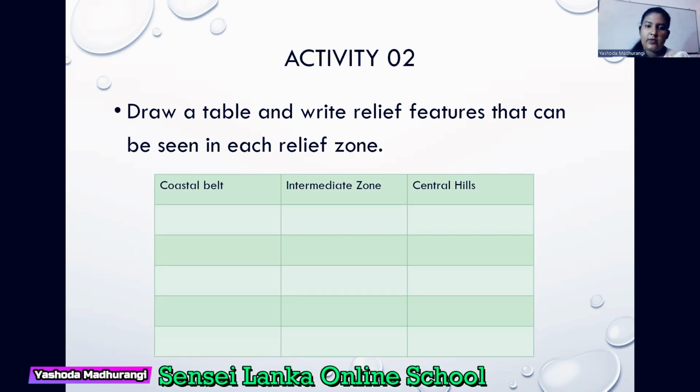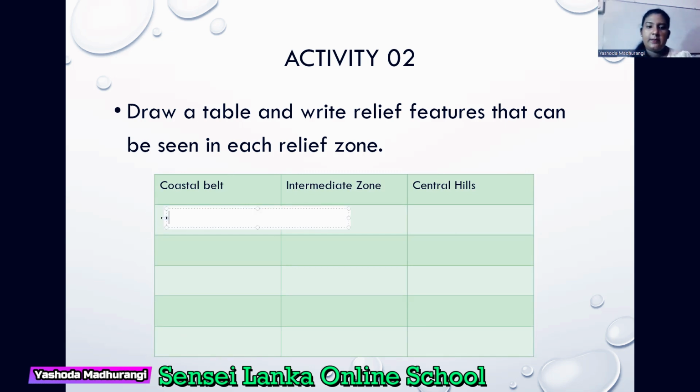Then another activity, you have to go to our local syllabus school textbook. You can read it. If not, you can think and do this. There is a table. It has 3 columns: coastal belt, intermediate zone, and central hills. Then you have to write the relief features belonging to each relief zone.